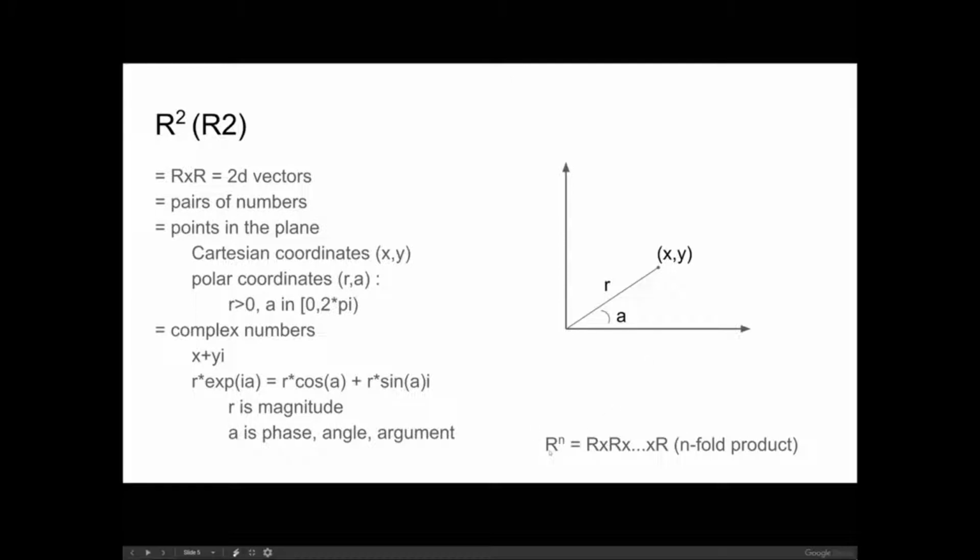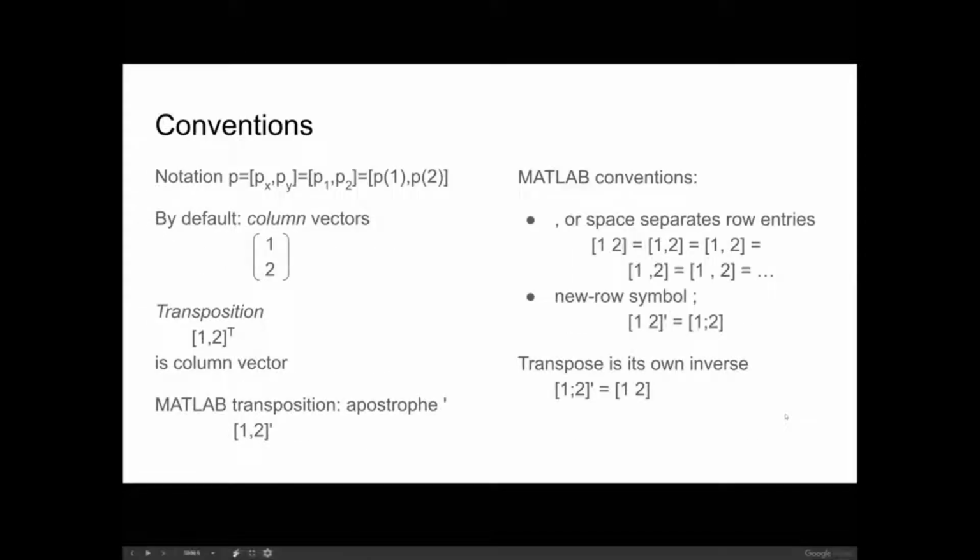And similarly, you can define Rn. It's an n-fold product of the real line, the set of all n-tuples of real numbers, so vectors of length n, and so on. So a few conventions or notations that we will be using in this course. Any point in the two-dimensional plane has two coordinates, or any vector has two components, px and py.